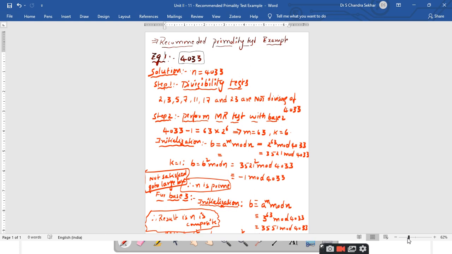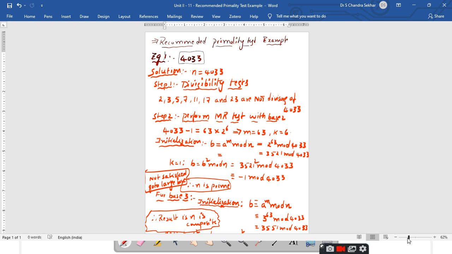So either you can go for the Rabin-Miller test or any other primality test to check whether this given number is prime or composite. But as our discussion is the recommended primality test, let us check whether 4033 is prime or composite by taking the recommended primality testing algorithm.